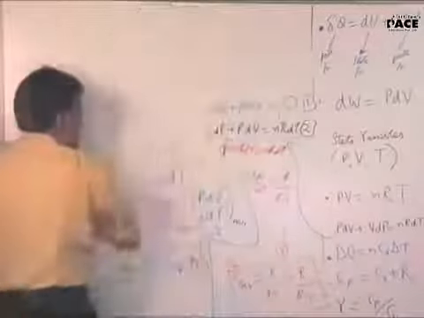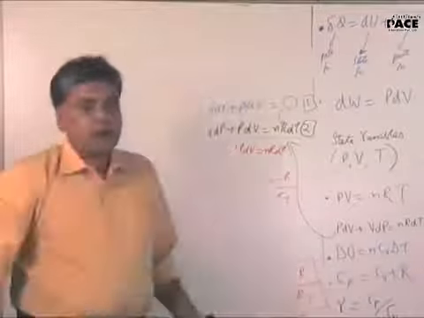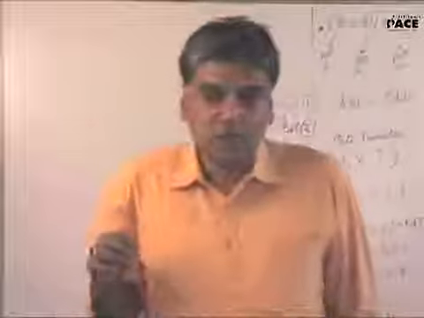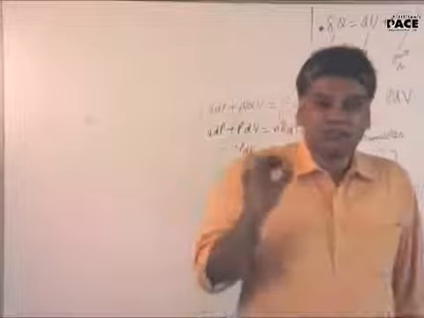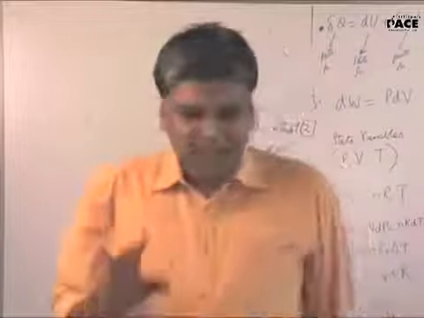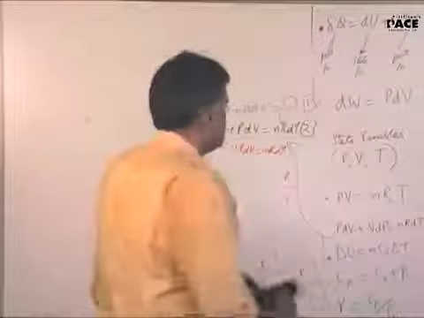The idea of making this chart is, as you are making it, you are getting it in your mind. Remember all these formulas. Your effectiveness in remembering this table is your effectiveness in thermodynamics itself. 90% of it is applying this table quickly and skillfully.